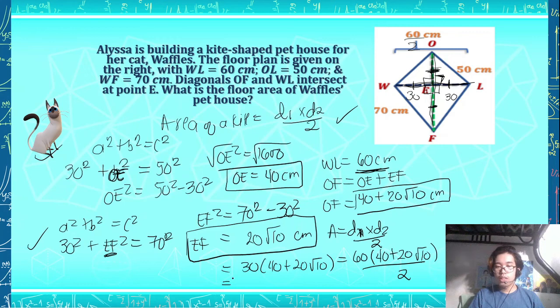We can use our calculator to solve for 30 times 40 plus 20 square root of 10.